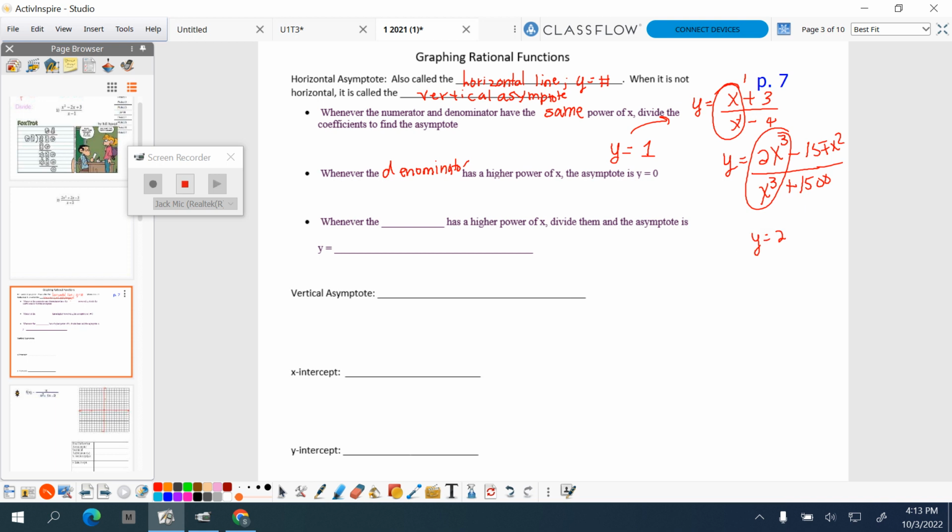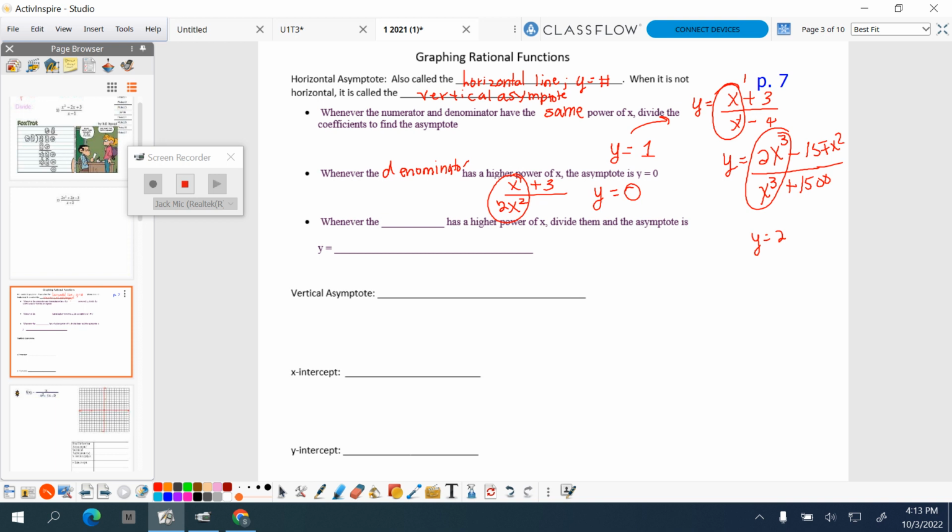That's how it works. Now, let's say I had something similar, x plus 3 over x squared, right? Doesn't matter what the number is. What matters here is the exponents. If the one at the top is smaller, then my asymptote automatically is 0.